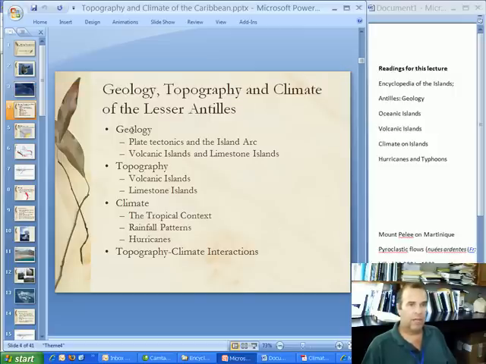So I want to talk about geology first of all of the Lesser Antilles, then we'll take a look at topography and what the geology means for the topography. Then we'll start talking about tropical climate in general, and then specifically in the Lesser Antilles, rainfall patterns, hurricanes, and finally we'll take a look at topography and climate interactions.